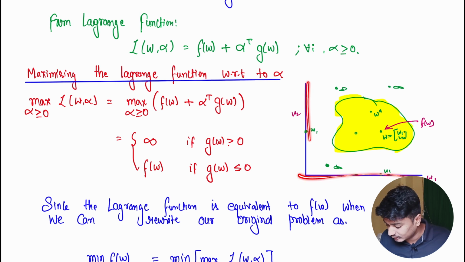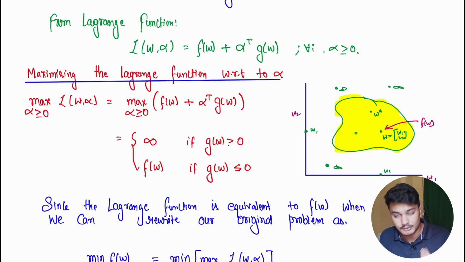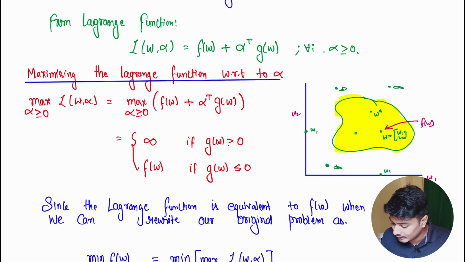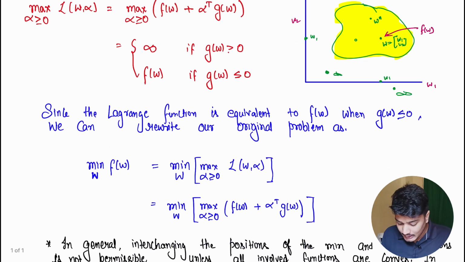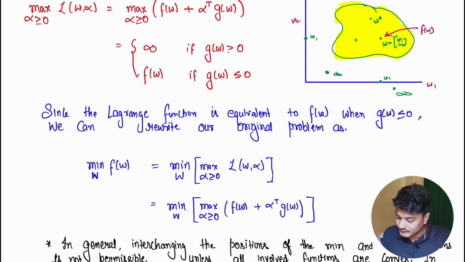In the picture, we have this boundary of g(w) less than or equal to 0. If w is inside this region, we get the function value f(w). But if our point is outside this region, we get the value infinity.